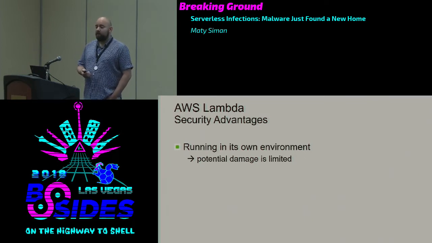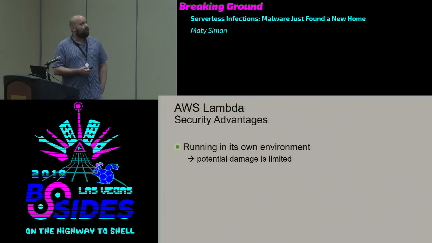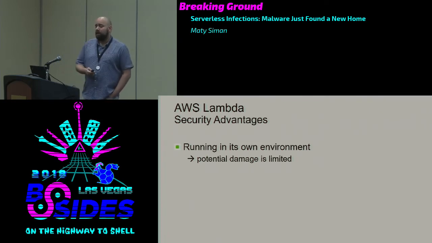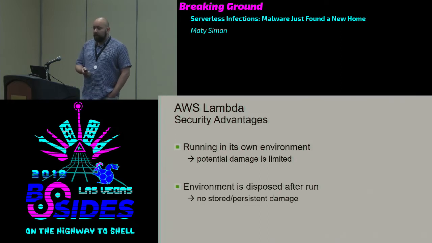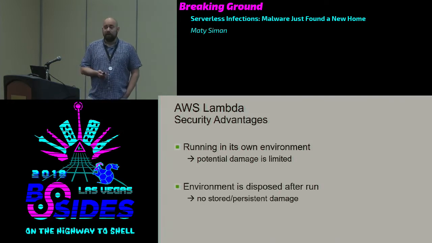So the Lambda security advantages are mainly that it is running in its own environment. When running in its own environment, the potential damage is very limited. What we like to call sometimes sandboxed. So here, in a way as well, it is sandboxed. The second thing is that the environment is disposed after run.